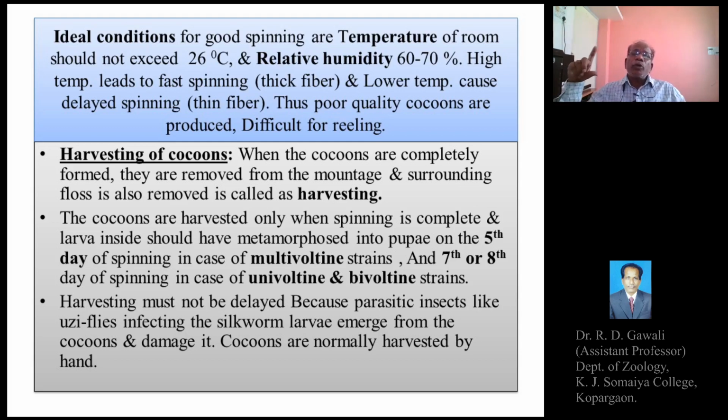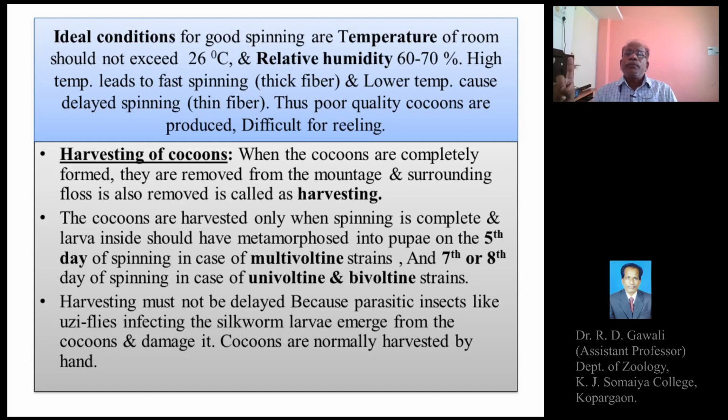So this is the formation of the pupa. Within the first 3 days of spinning the larva is engaged in spinning activity, and after that it undergoes its body transformation. So the larva then gets transformed into a pupa.